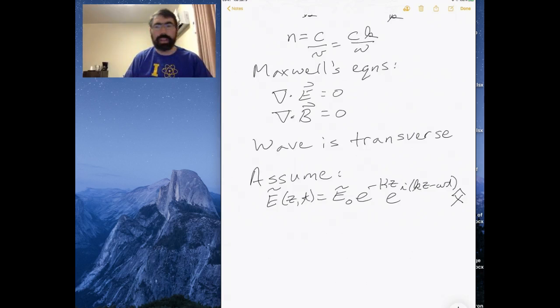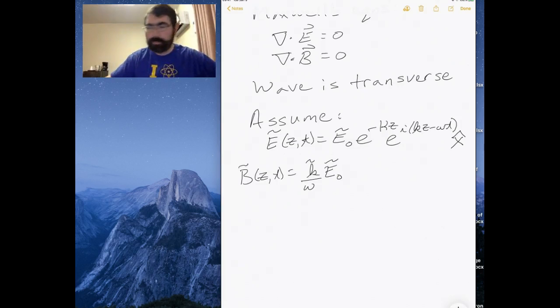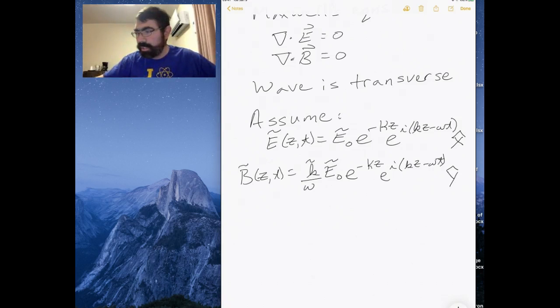The magnetic field now is perpendicular to the electric field and the direction of motion. So the B field is 1 over the velocity times the amplitude of the electric field, and everything else is pretty much the same. If the direction of motion is z and the electric field is polarized in the x direction, the magnetic field is now pointing in the y direction.